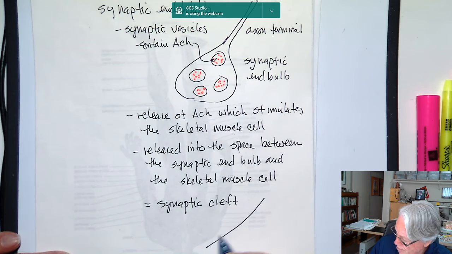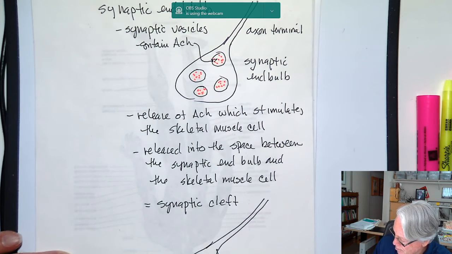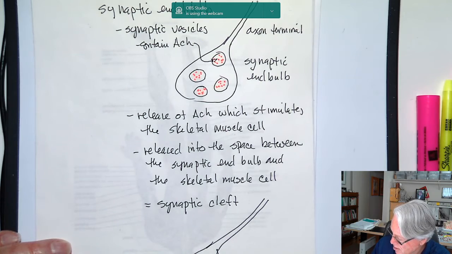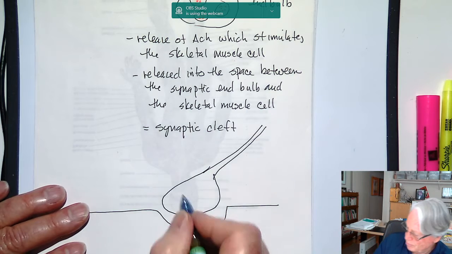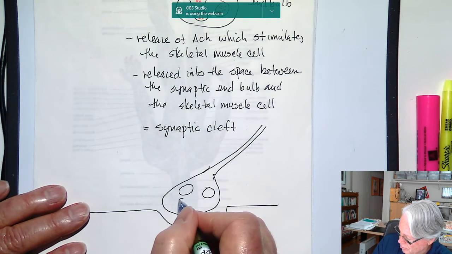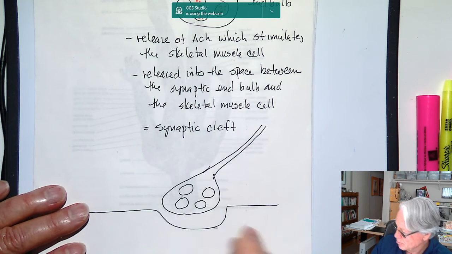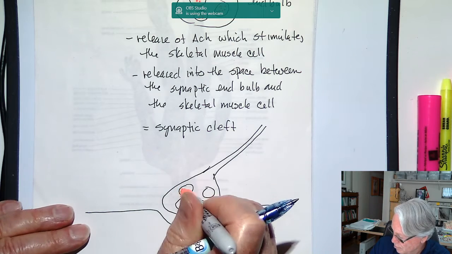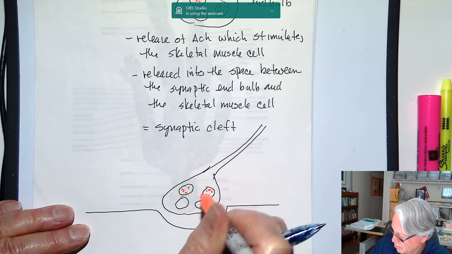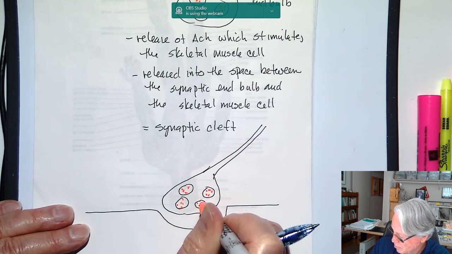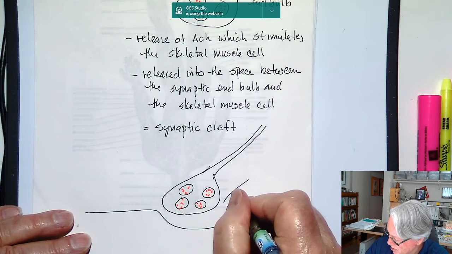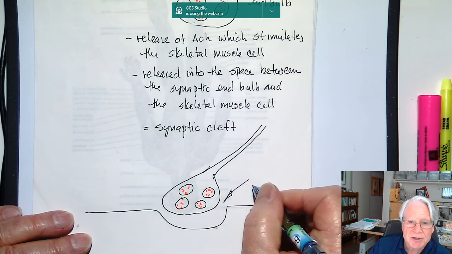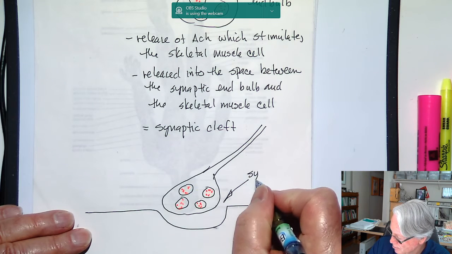So that space is called the synaptic cleft.